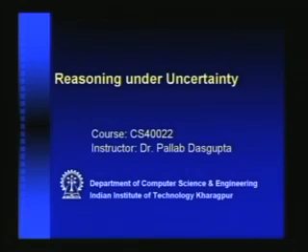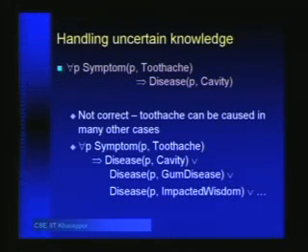So, why do we need reasoning under uncertainty? Let us see a few examples to get a clearer picture about why this is at all necessary. Firstly, the problem of handling uncertain knowledge.